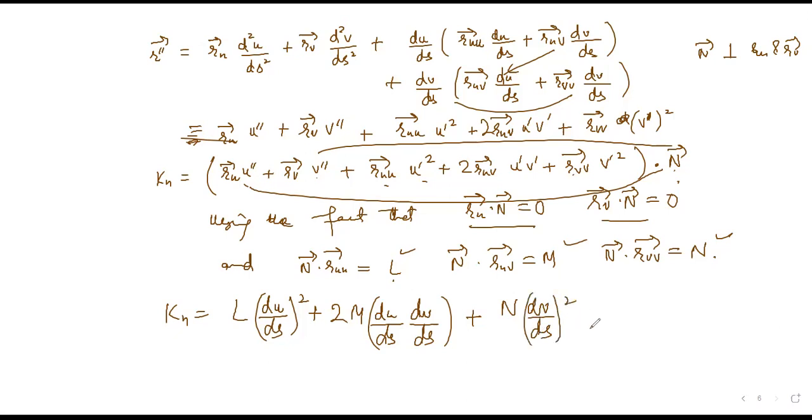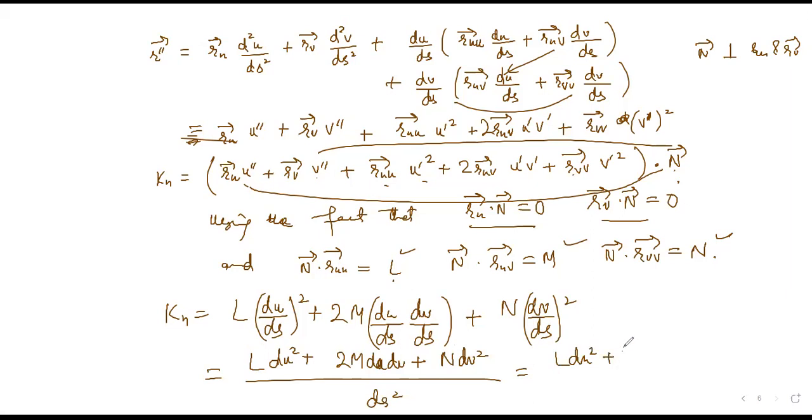So this should be our expression for the curvature of the normal section at a point. तो जिसको मैं लिख सकता हूँ L du square plus twice M du dv plus N dv square divided by ds square, or to make it better, I write it as L du square plus twice M du dv plus N dv square divided by, what I do is ds square को मैं लिख सकता हूँ as the first fundamental form, that is E du square plus twice F du dv plus G dv square.